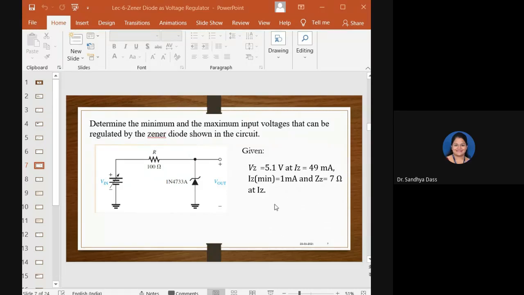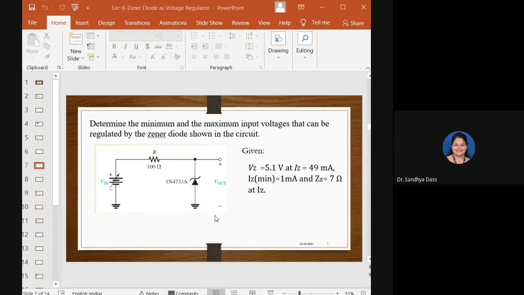Okay. So in this problem, the given parameters are VZ as 5.1 volts at the current IZ of 49 milliamps, the minimum Zener current as 1 milliamp, and the Zener impedance as 7 ohms.